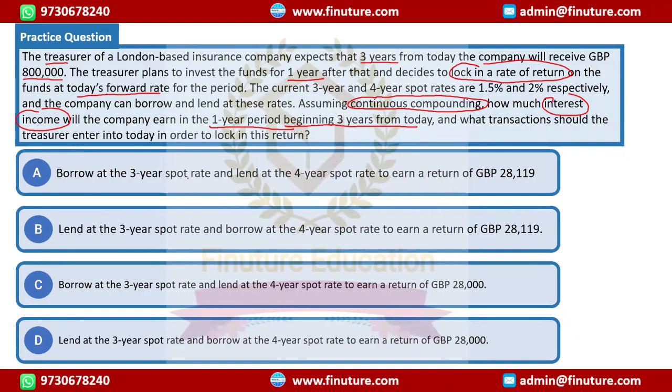And what transaction should the treasurer enter into today? You have been given options: borrow at 3 year and lend at 4 year, or lend at 3 year and borrow at 4 year, each with an income figure. The initial parts are the same and the income changes, so we have to choose the right option.